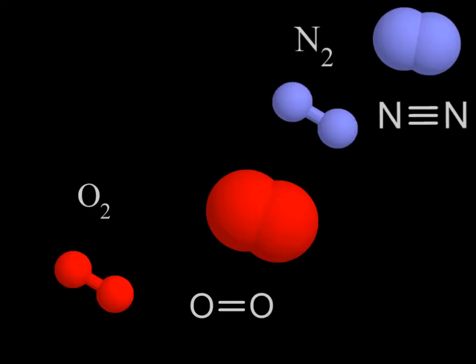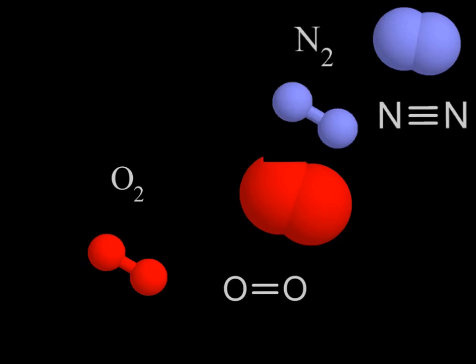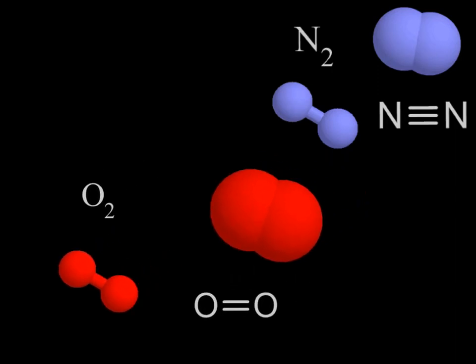Now we need to look a little bit more closely at these covalent bonds. We have here two examples of covalent molecules. This one is oxygen, and this one is nitrogen. And so we have two oxygen atoms covalently bonded together. And since they're both the same element, they both have the same electronegativity.